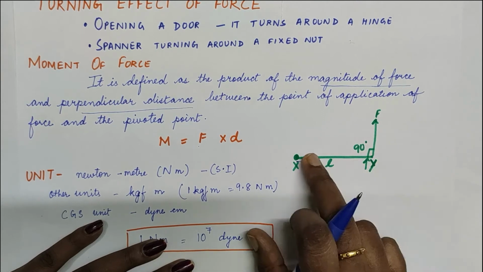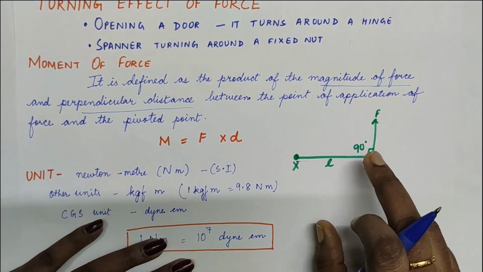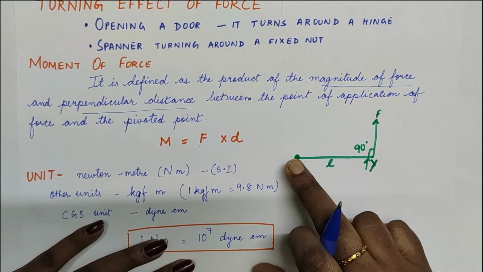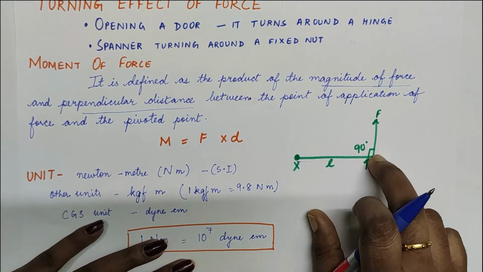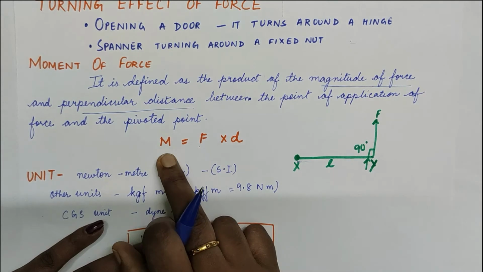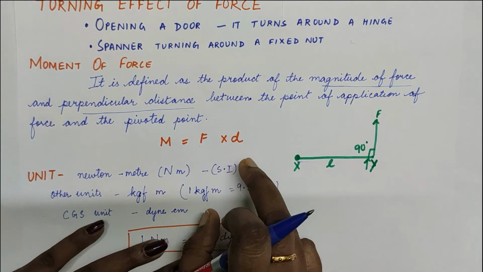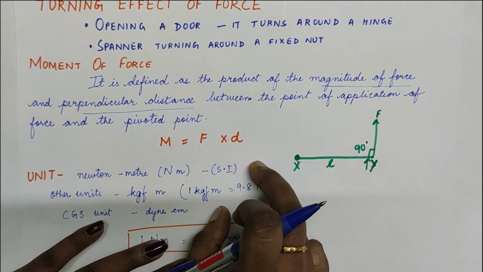So there is a perpendicular distance between the point of application and the pivoted point. Moment of force is calculated as force into perpendicular distance.